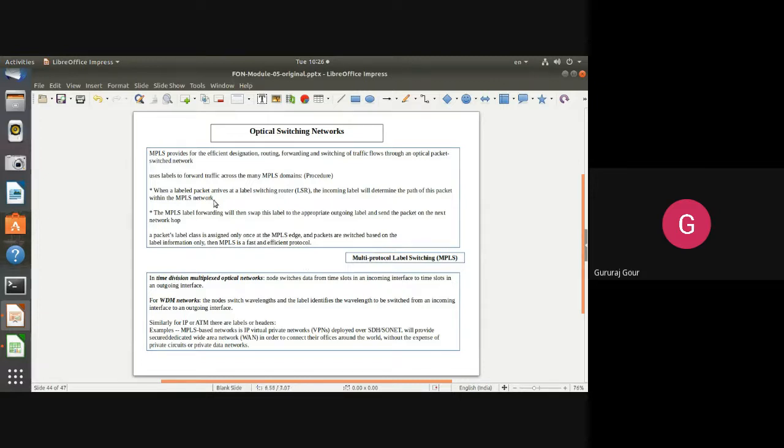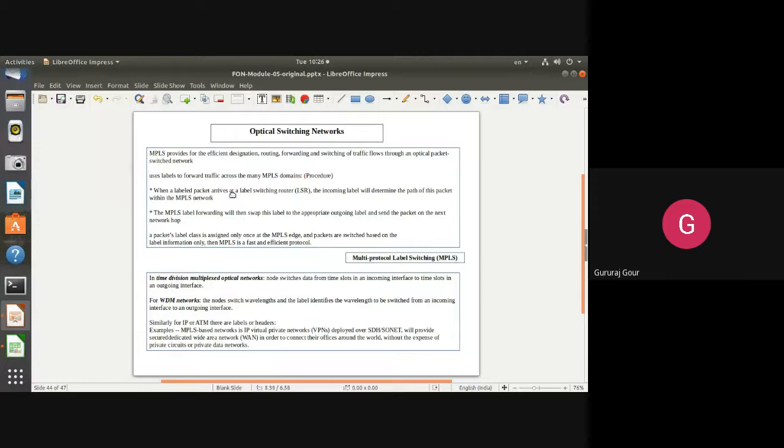Whenever a labeled packet arrives at the LSR, LSR means label switching router. As you are dealing with MPLS, the router is known as a label switching router.